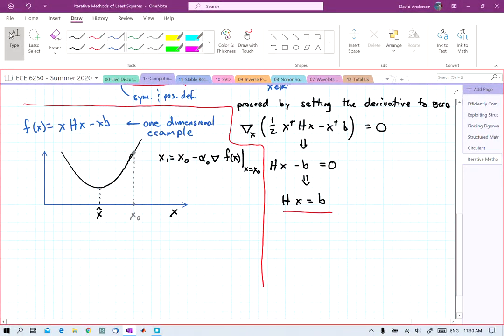We have a positive derivative at that point. So when we subtract alpha times that, we'll be moving in a negative direction. So x1 is going to be somewhere over here. And we're now closer to the optimal point. And we'll continue this same type of operation as the derivative gets smaller. Since we're moving proportional to the derivative, we won't move as far.